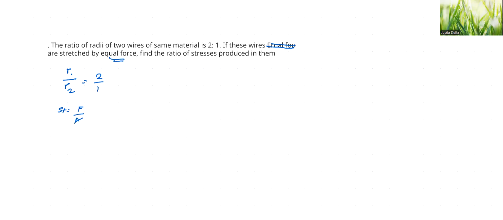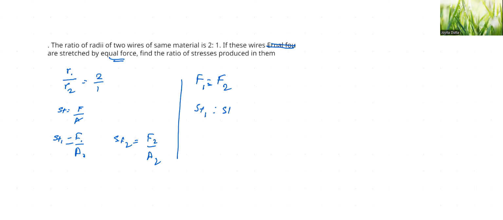So stress 1 is equal to force 1 by area 1, and stress 2 is equal to force 2 by area 2. I am already told that force 1 is equal to force 2. So if I do stress 1 is to stress 2, this becomes F by A1 is to F by A2.